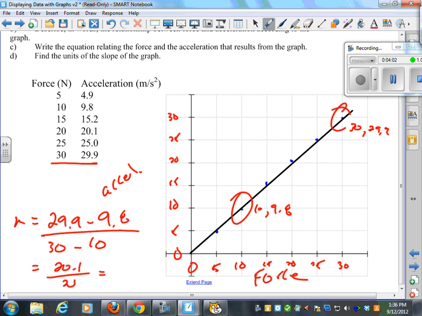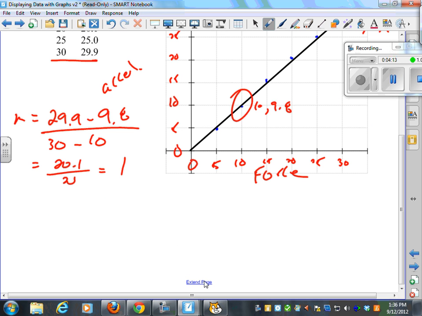The slope is 1. Big surprise. Is the y-intercept going to be 0? Yeah, it's going right through 0. So what's my equation? y equals 1x. Do I even need the 1 there? Not really, but just to show that we've done the slope, we should do that.